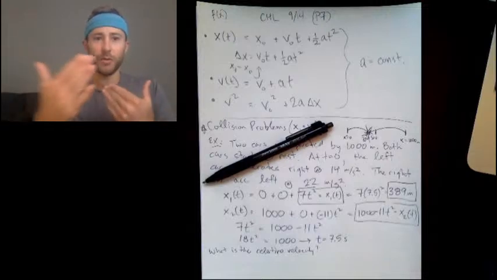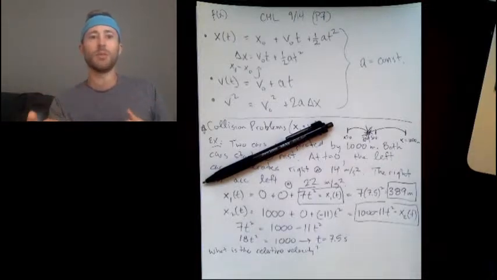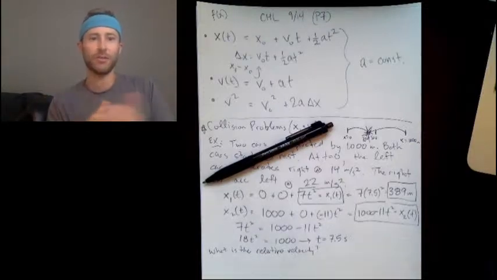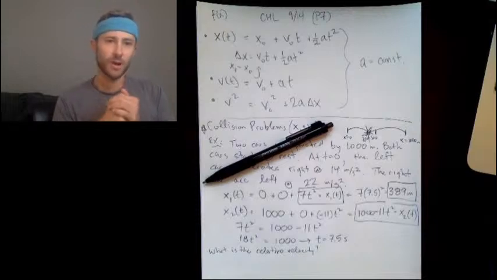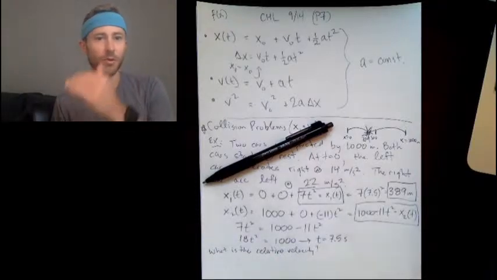Because both of us are moving, from my perspective, you would be approaching me at 15 meters per second. Okay? So if we combine the two velocities, that gives us the relative velocity. How fast is it going compared to you from your perspective?